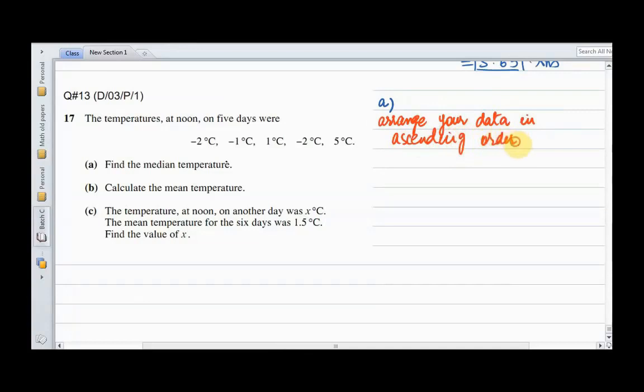I have written it in red marker so that I get your attention on this point, because if you do not apply this step, your answer will be wrong. So at first you need to arrange all your data in ascending form. So let's start with -2, the smallest one. After that there is one more -2.